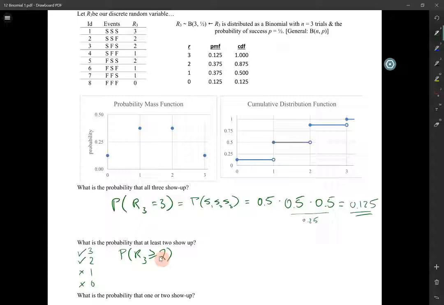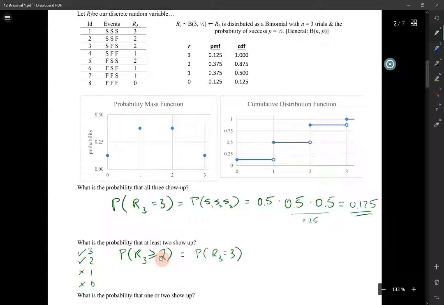That's equal to the probability that all 3 show up like before, or the probability that the number that show up is 2. So the probability that R is greater than or equal to 2. Here, it's impossible for 4 or 5 to show up, so greater than or equal to 2 really means 2 show up or 3 show up.